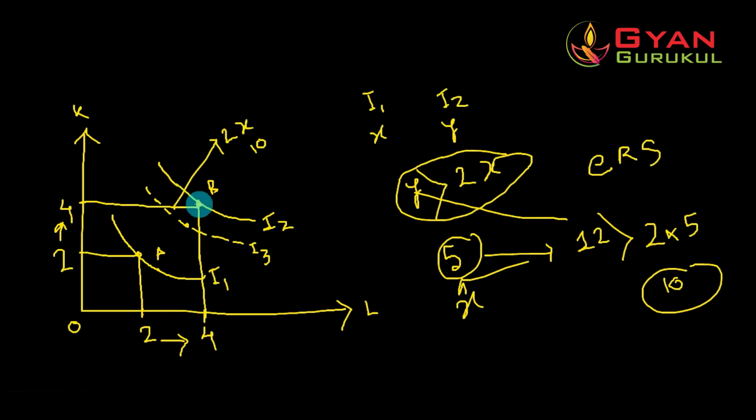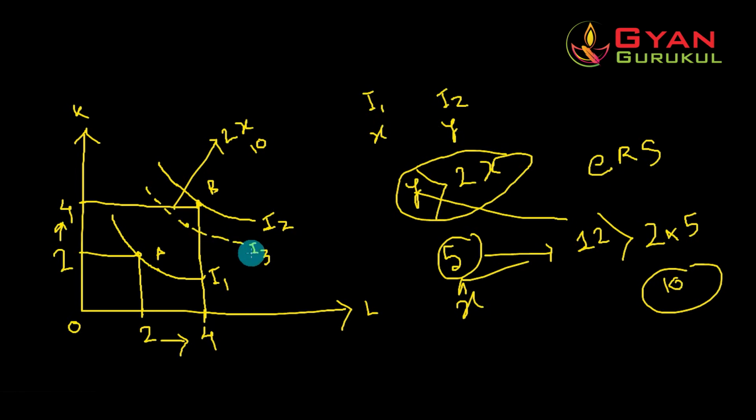Any point below this isoquant must decrease at least one of the factors of production. In that case, our assumption that we have increased the factors of production by 100% would not be valid.